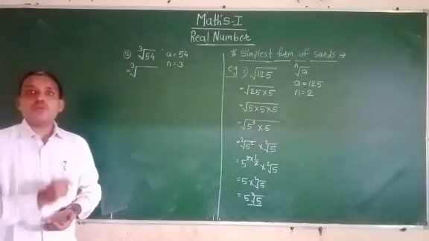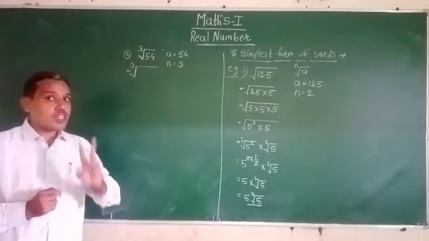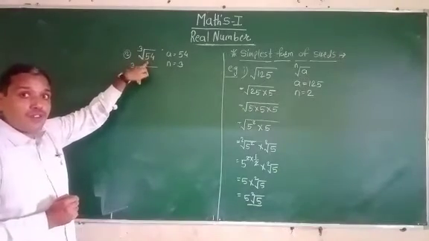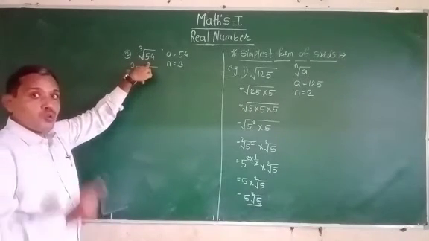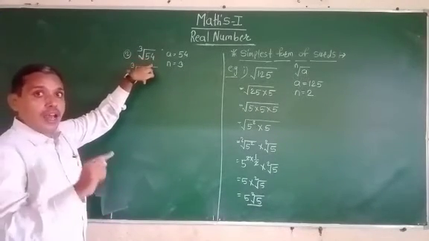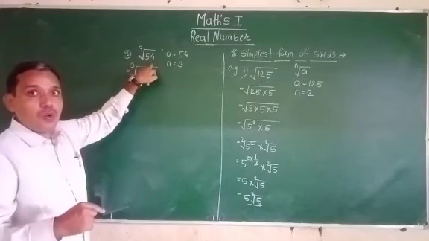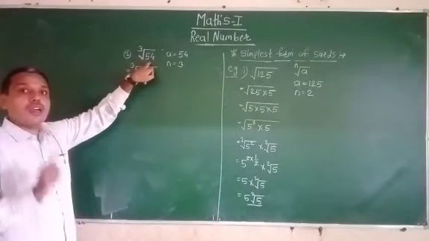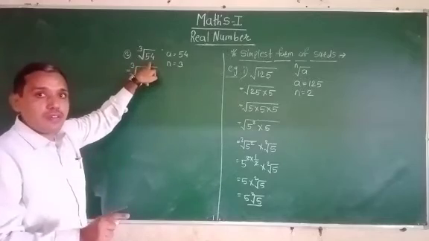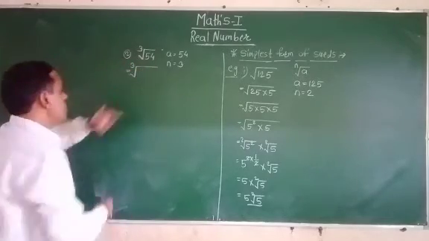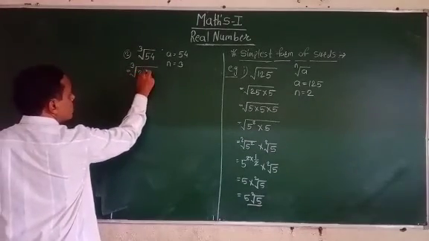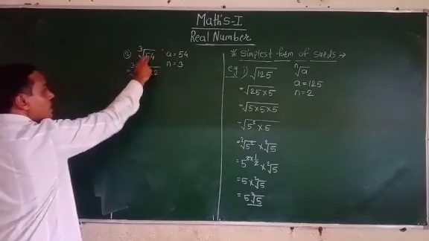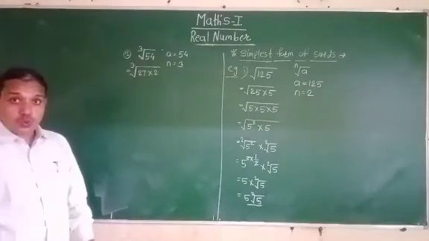Which is the smallest prime number? 2 is the smallest prime number. So first we divide 54 by 2, and 54 comes in the row of 27 at the second position. That means 27 times 2 is 54. We get 27 into 2.